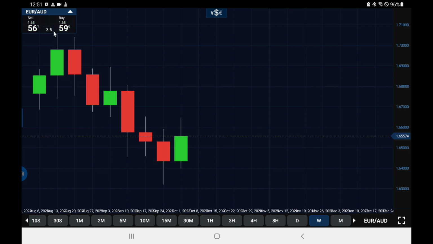And for Oanda, it gives you this little side cut screen that tells you what the selling price is, what the buying price is, and the difference between a selling and buying price, or what is called spread. Now you'll notice that the buying price is higher than the selling price.